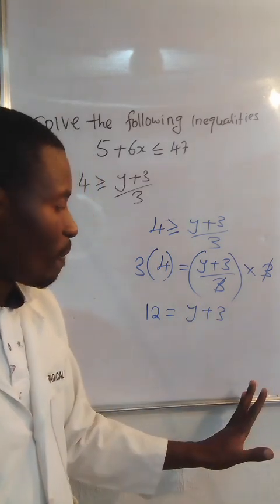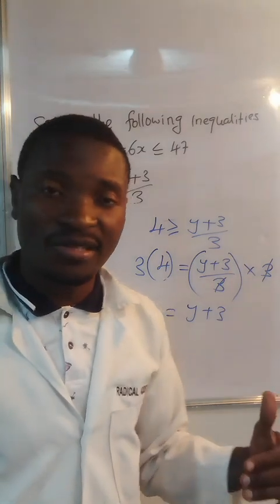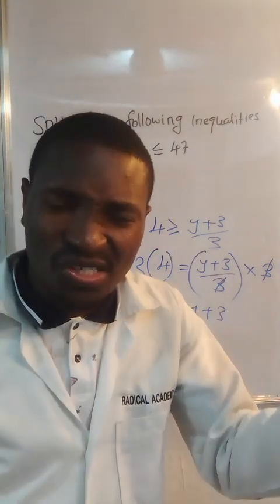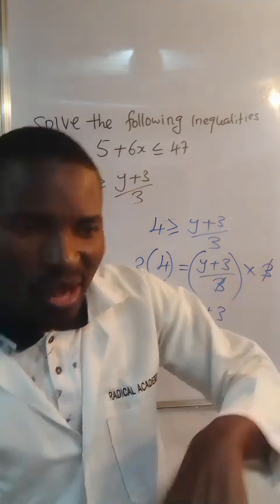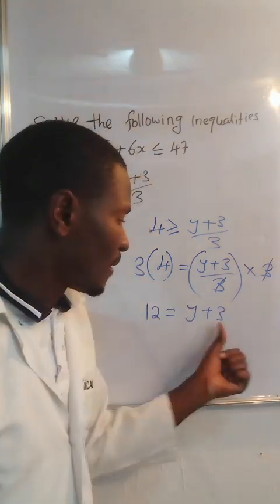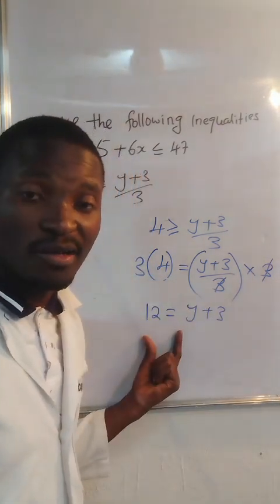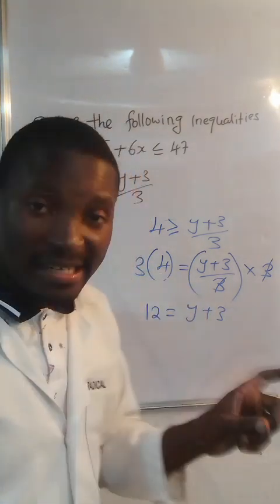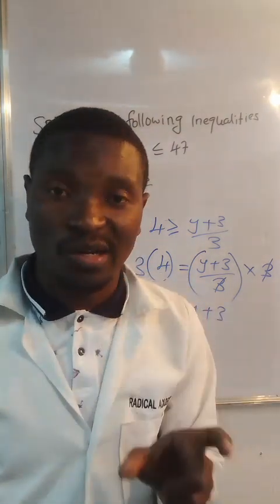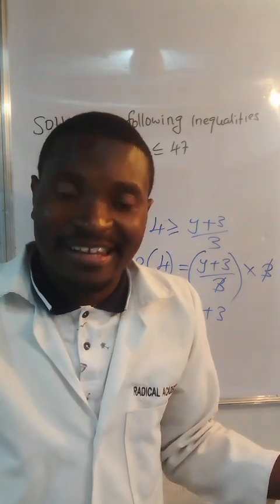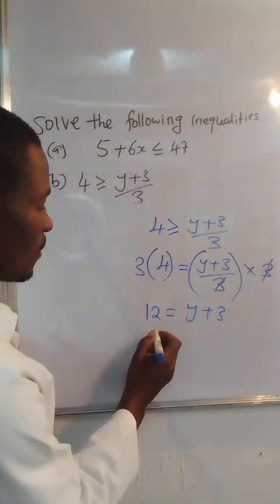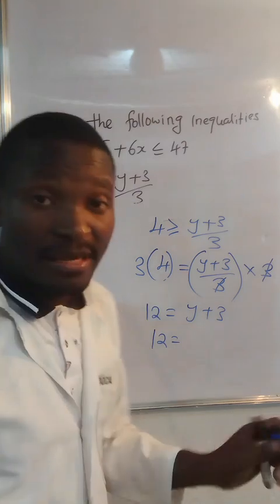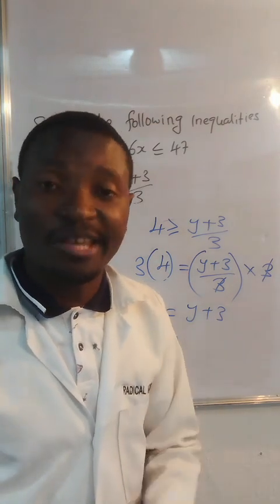So think: y is any number that I don't know, and I'm adding it to 3 so that the answer is 12. What number can be added to 3 so that the answer is 12? You know the number. If I put 9 there, then the equation becomes equal.